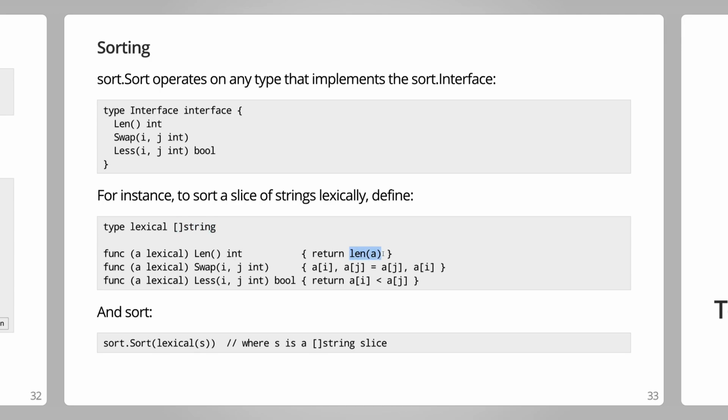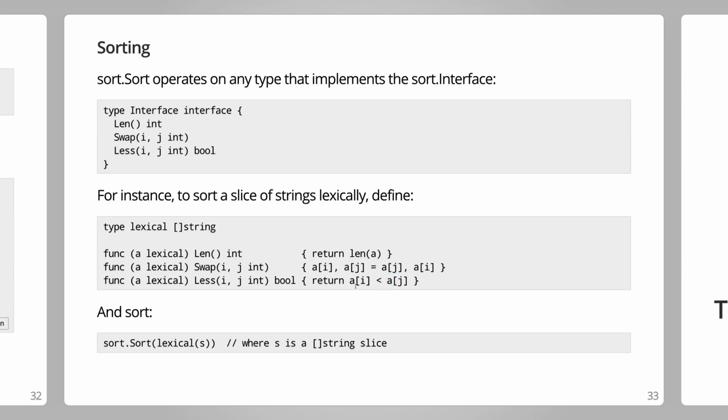So this is basically looking at how many elements there are in this slice or list. Then the Swap operation is swapping the two positions i and j in the slice, and the final one here is the Less operation, basically comparing the element at position i with the element at position j and returning true or false depending on whether or not a[i] is less than a[j].